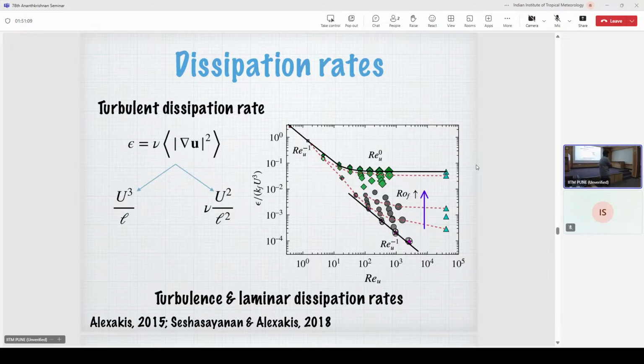So what it means is, if you keep increasing the Reynolds number for a given Rossby number, you keep Rossby fixed and increase the Reynolds number. These curves have some particular power law dependence, so you have to follow those curves.